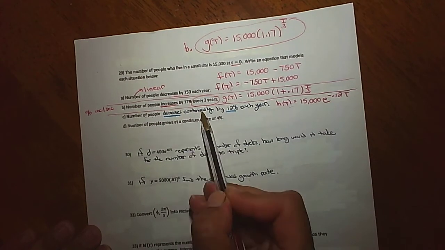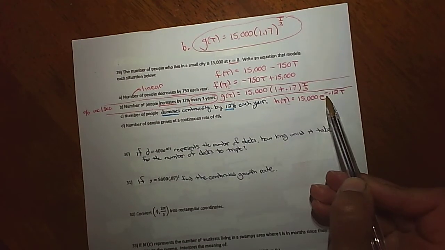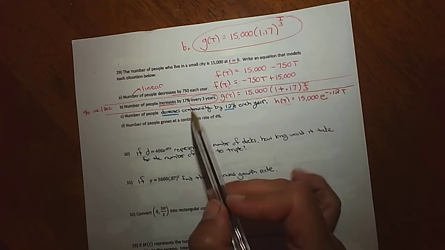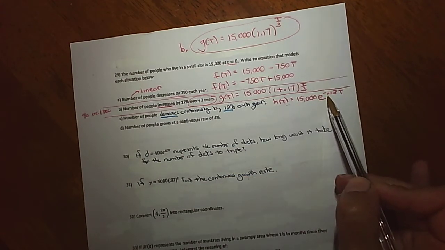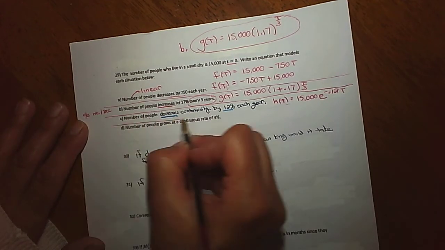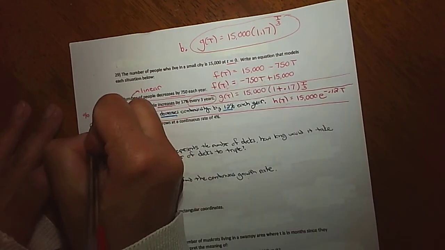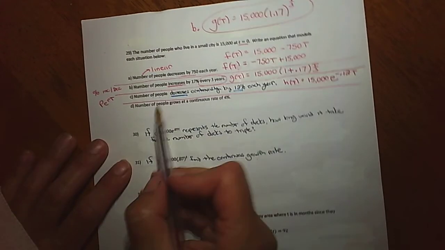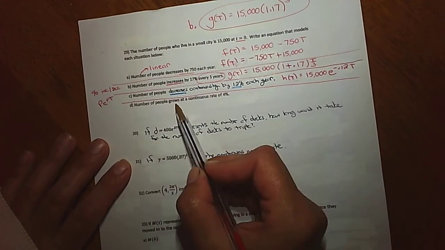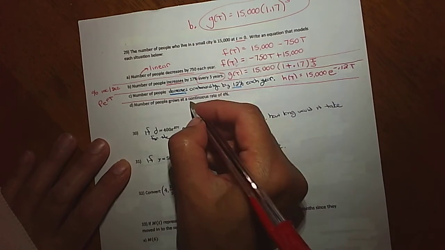So decreases continuously means your exponent needs to be negative. If that had said increasing, your exponent would need to be positive. Right? And again, this is PERT. I'll write that in the corner. D: the number of people grows at a continuous rate.